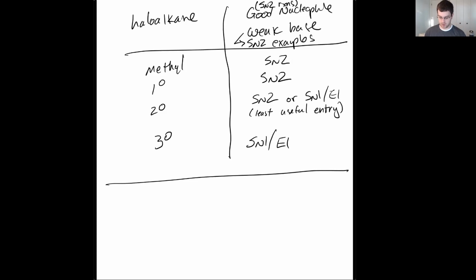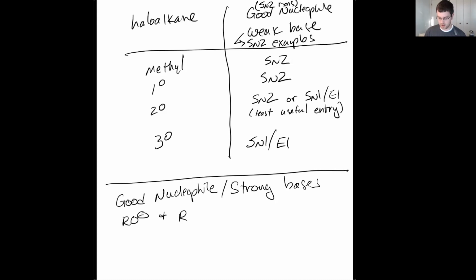So I just want to remind us before I write the chart here that good nucleophiles / strong bases, our third column, these are RO- and, let's just put O- and N-, but not E2 bases.